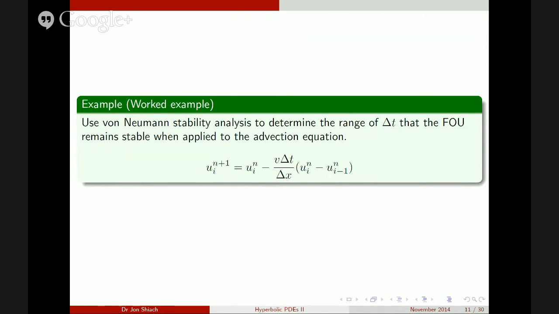Okay, so hopefully you can see where I'm using x minus delta x and why I'm using it there, because j minus 1 is the node to the left. If x is the current node, the node to the left is x minus delta x, which is why I put it there. Okay, next step, divide throughout by this term, e to the at multiplied by e to the i kjx.